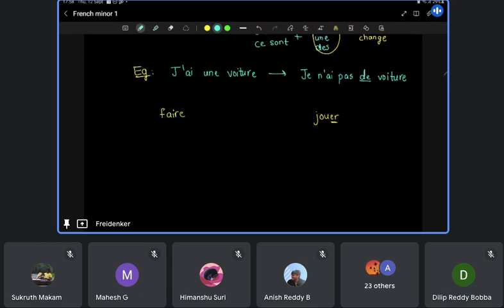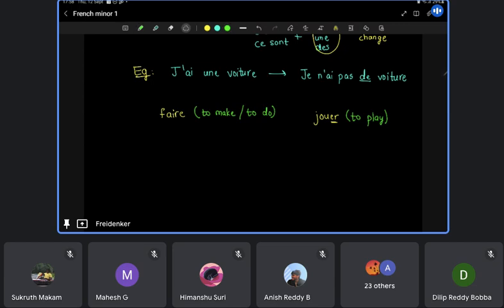Faire is irregular, so you might have to know its conjugation. It means to make, or it can also mean to do. So it has two meanings. And jouer means to play.